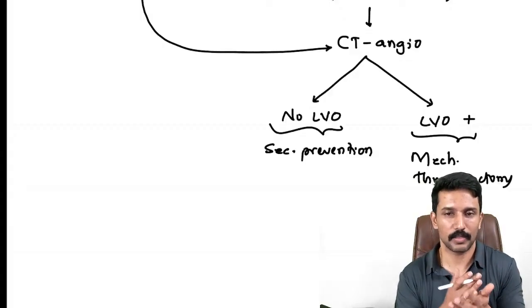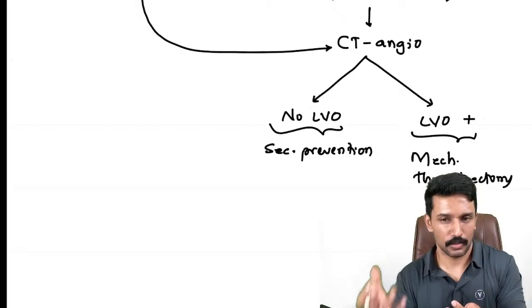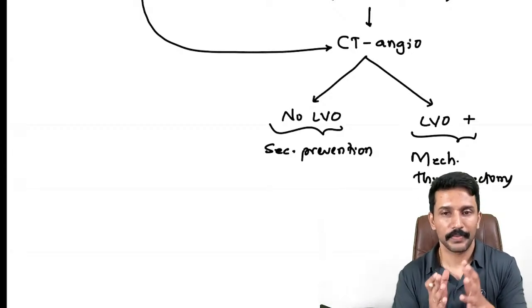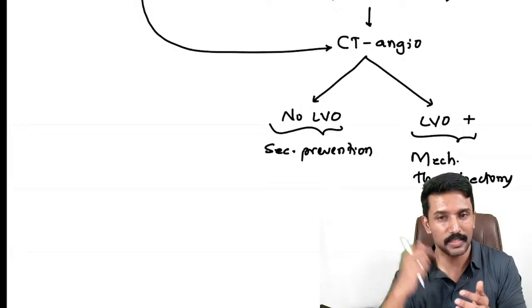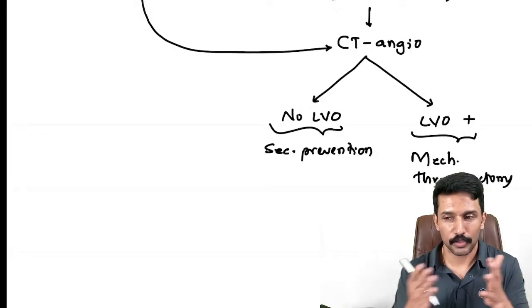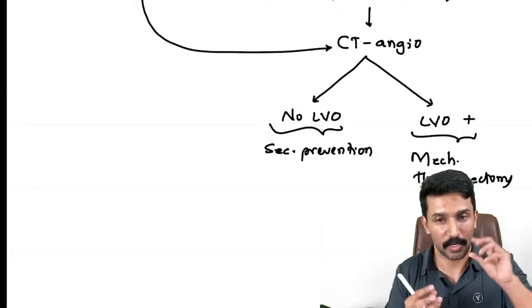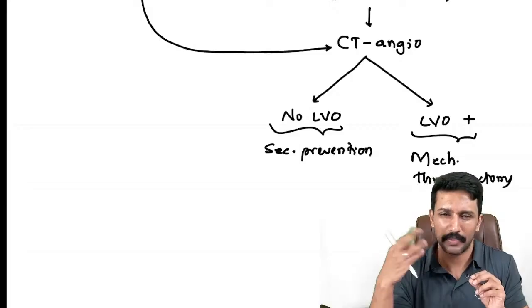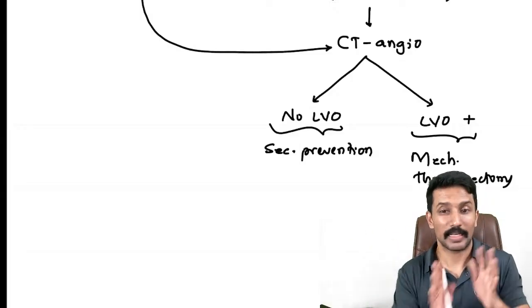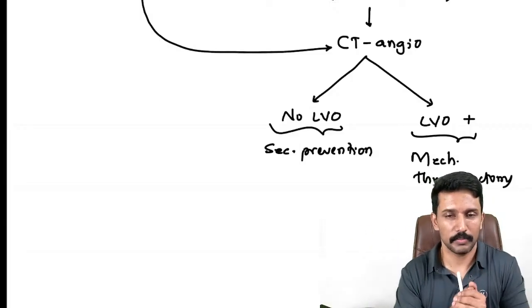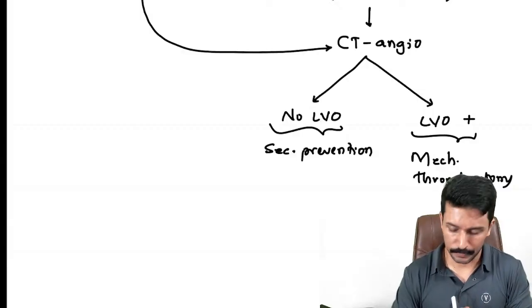Based on the scoring of the CT findings, we can decide where it will give maximum benefit and where it will give minimal benefit. If it is minimal benefit, leave it. Maximum benefit, go ahead and do mechanical thrombectomy. Not required at an undergraduate level.